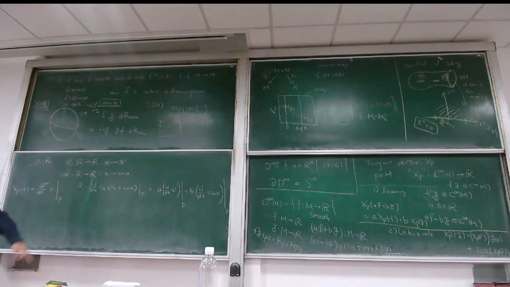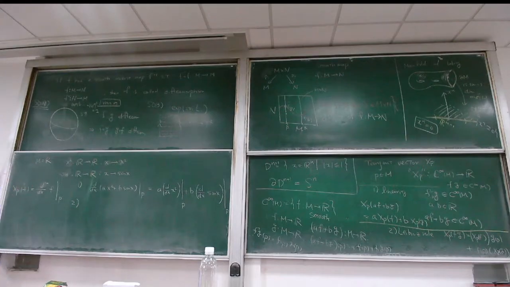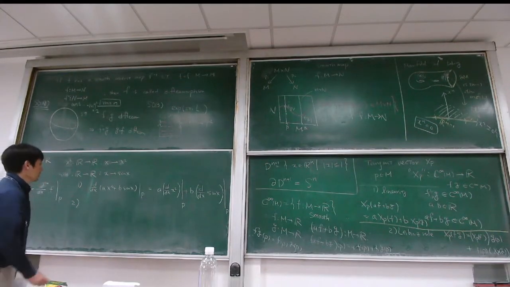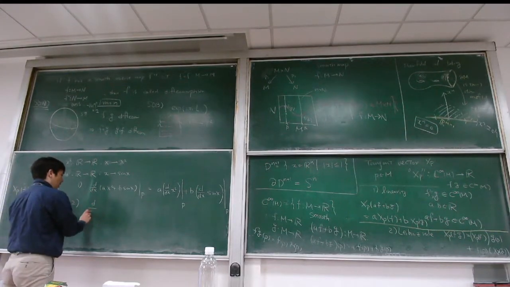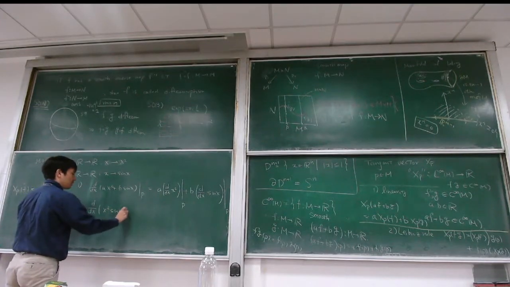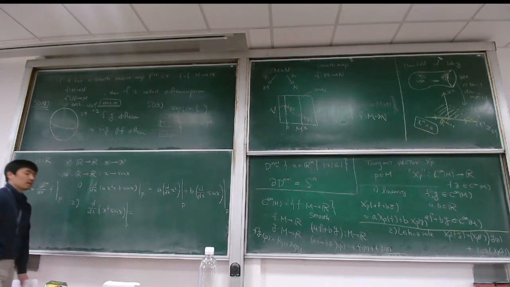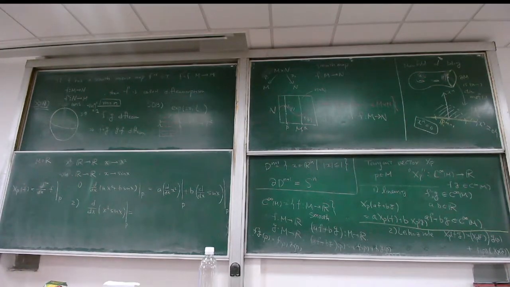Do you understand? Then let's look at number 2, the Leibniz rule, and whether it's satisfied. d/dx acts on x squared times sine x, evaluated at point p. Point p means we just substitute some value for x. How do you do the first derivative?